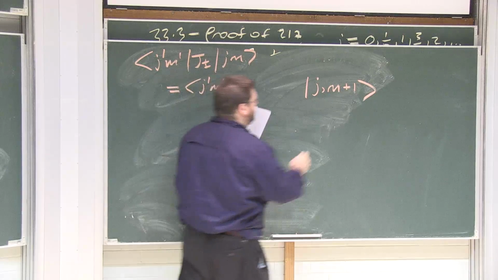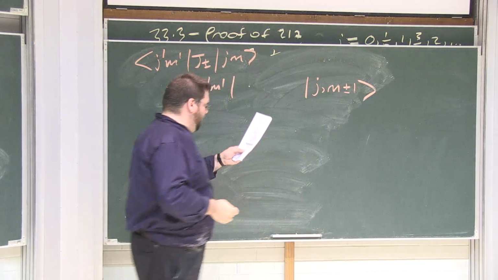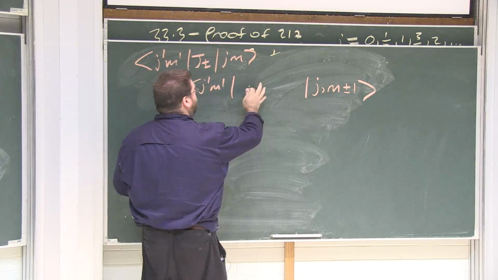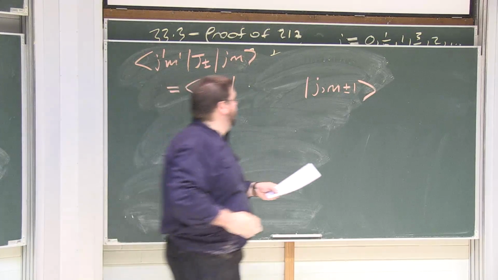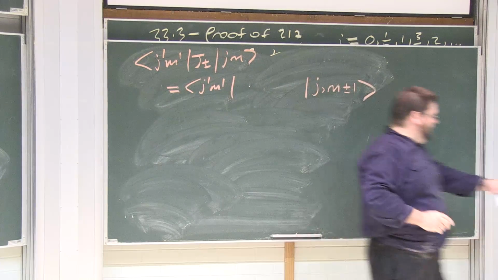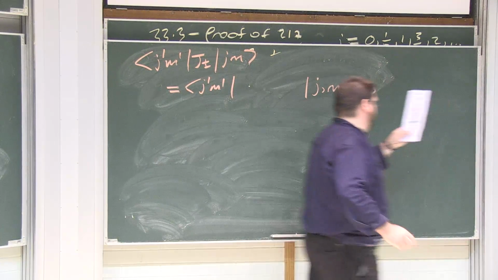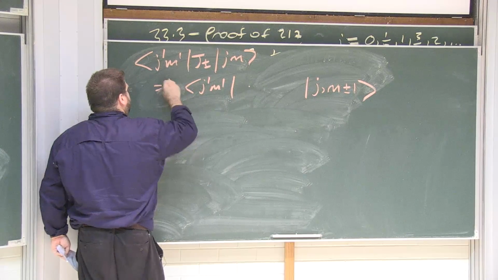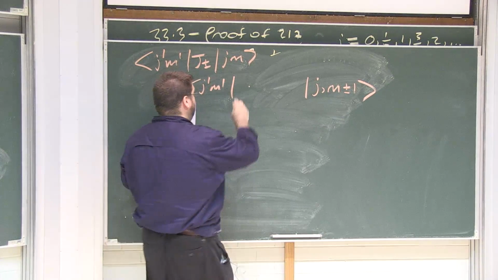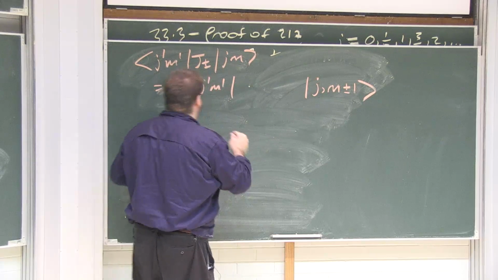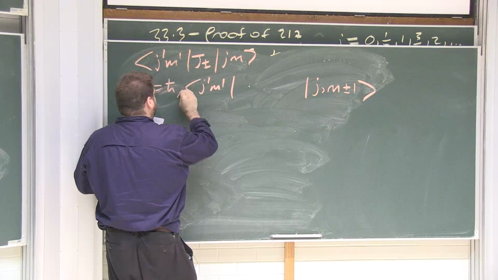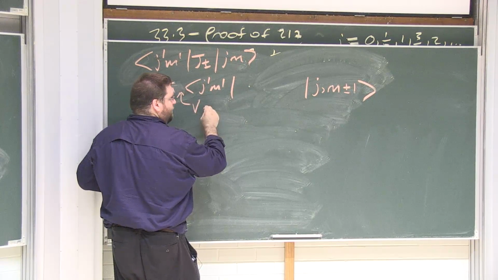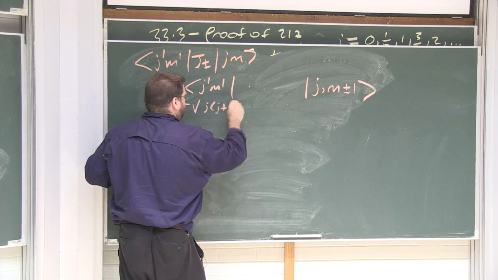When j minus acts on jm, it lowers it by 1. But there's a normalisation factor that comes out the front, the n plus or minus, which we've calculated as this. So there's an h bar, which I pull out the front. And then there's that huge square root, which I can also pull out the front. So in here there's a square root of j, etc.